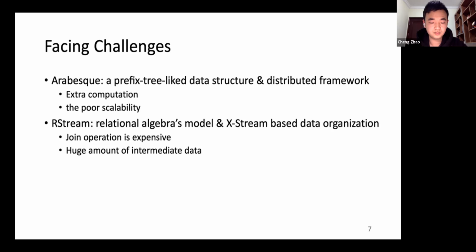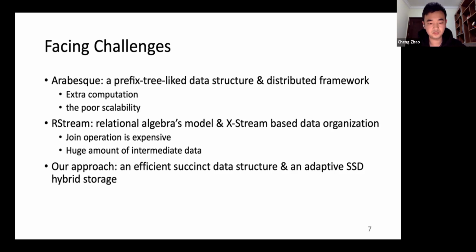The relational algebra join operation is the important part in the exploration, but the join operation is too expensive. It produces a huge amount of intermediate data. Our approach builds an efficient succinct data structure and uses an adaptive SSD hybrid storage.